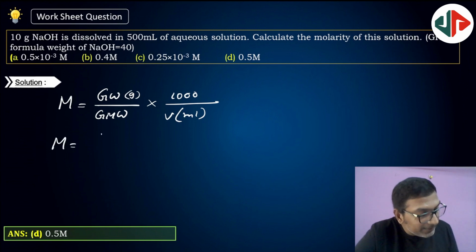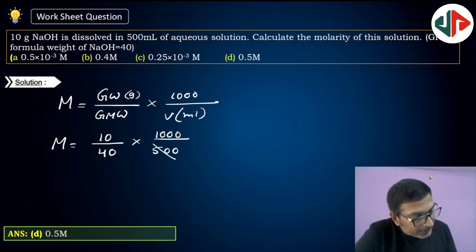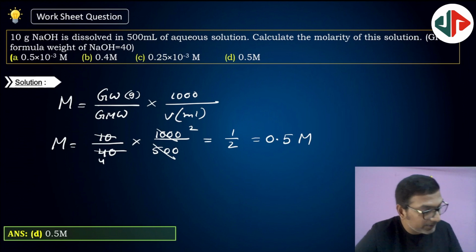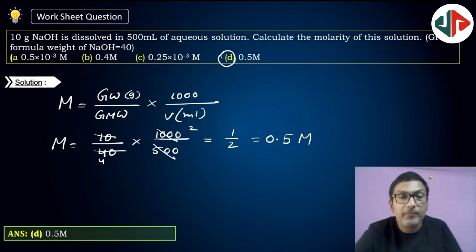Therefore M equals given weight 10 by gram molecular weight 40 into 1000 by 500. So this will be 2 times, this will be 4 times, 2 by 4, which is 1 by 2, that is 0.25 molar. Option D. Direct question.